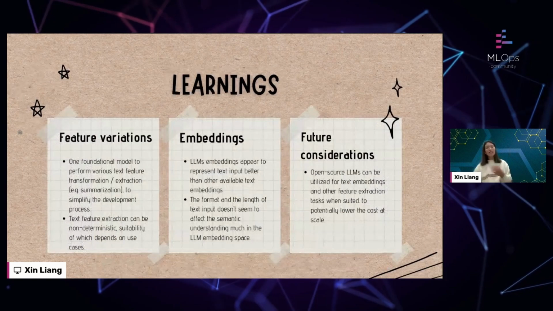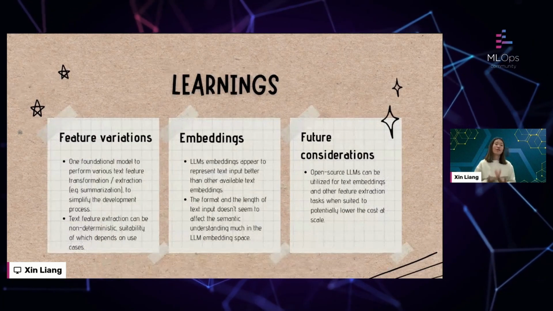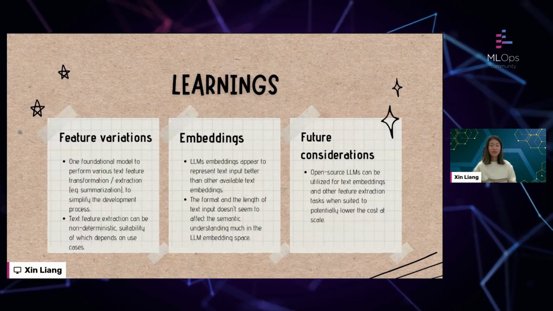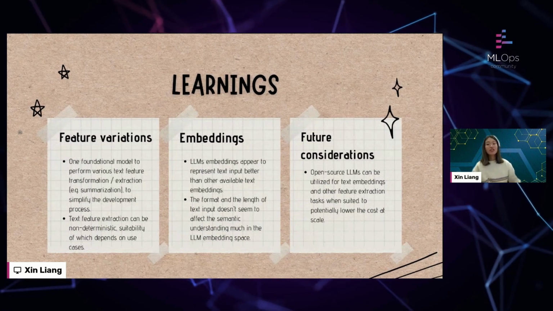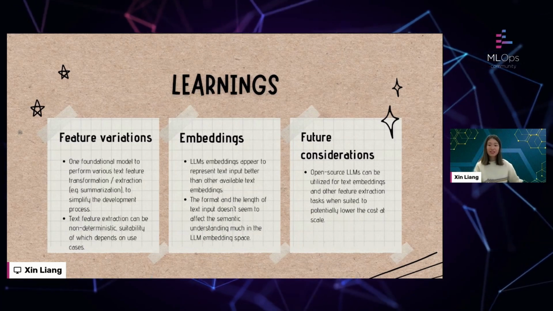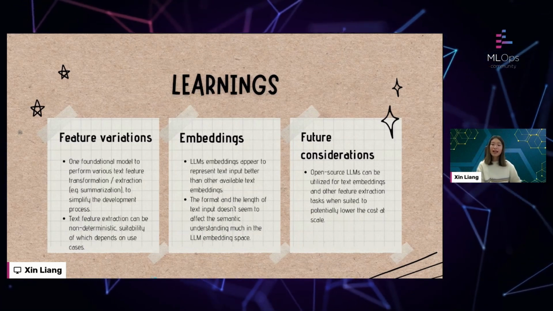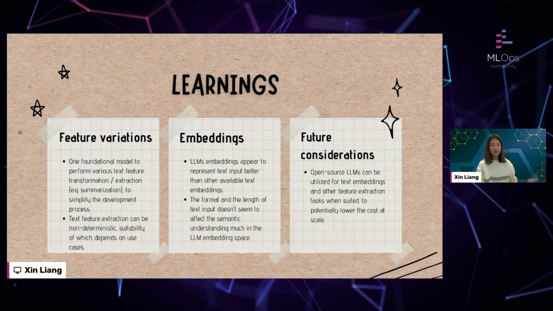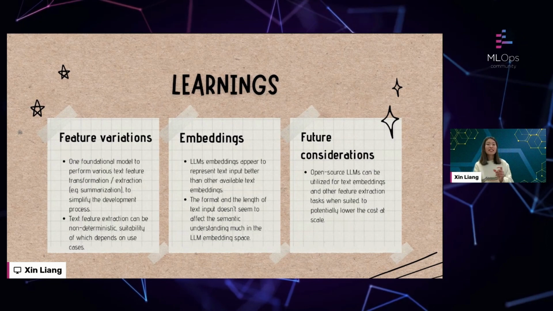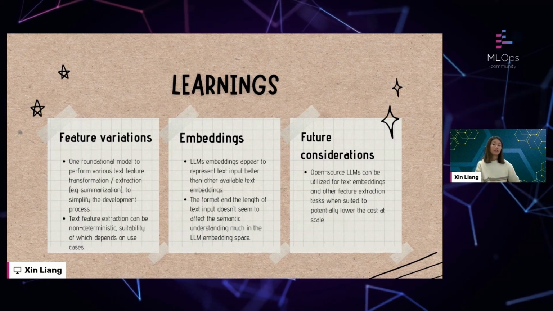In these case studies, we also have a few takeaway learnings using LLMs as the feature extraction. In terms of feature variations, since it's one foundational model to perform various text feature transformation and extraction, such as keyword extraction and text summarization, it significantly simplifies the development process.